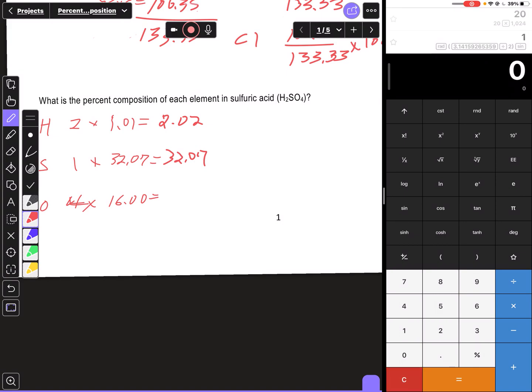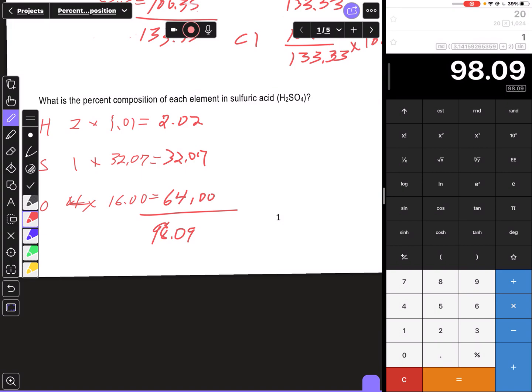And 4 times 16 is going to be 64.00. I add all those up, and the total molar mass will be 2.02 plus 32.07 plus 64.00 equals 98.09. And remember, the units would be grams per mole, because 1 mole of sulfuric acid would weigh 98.09 grams.